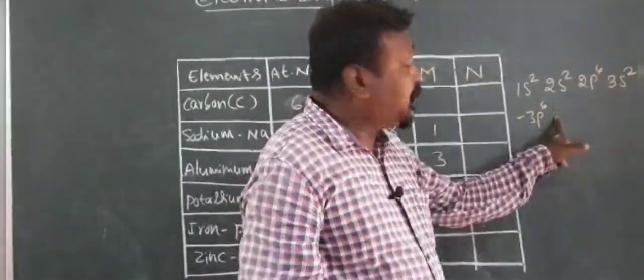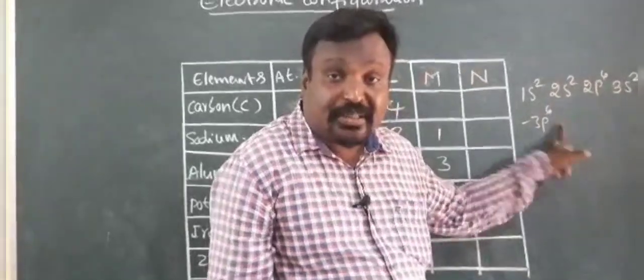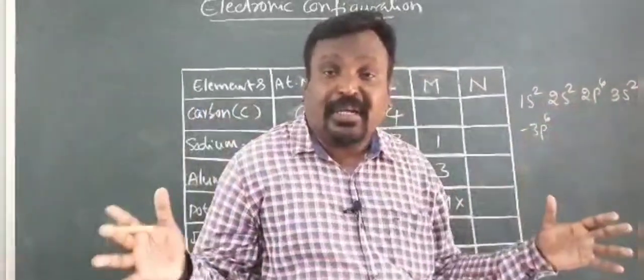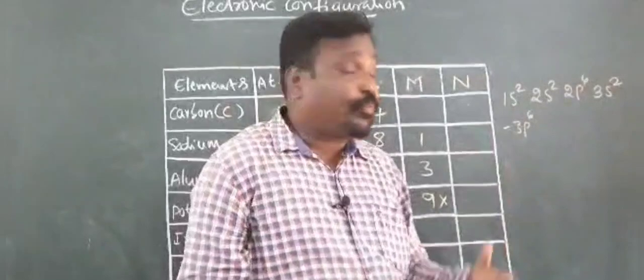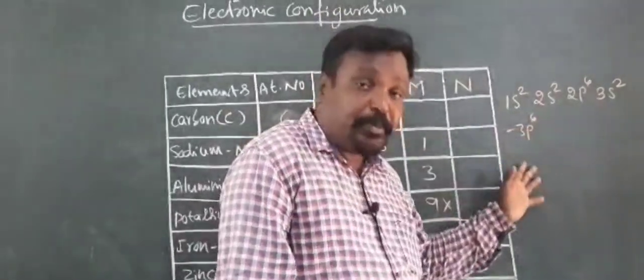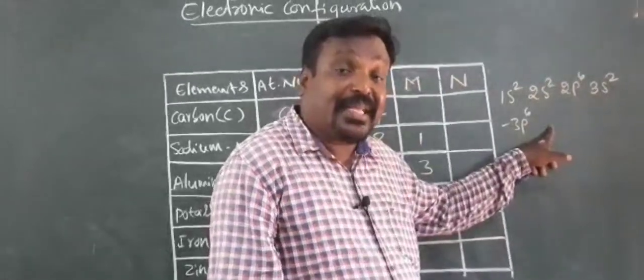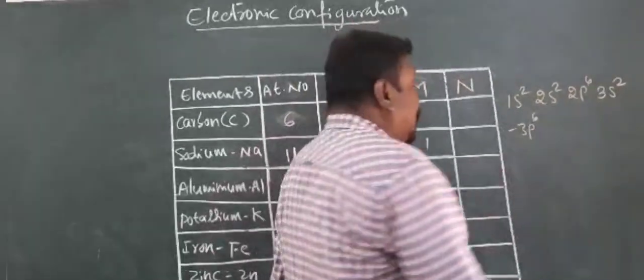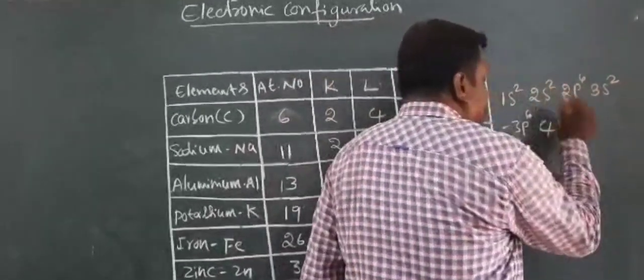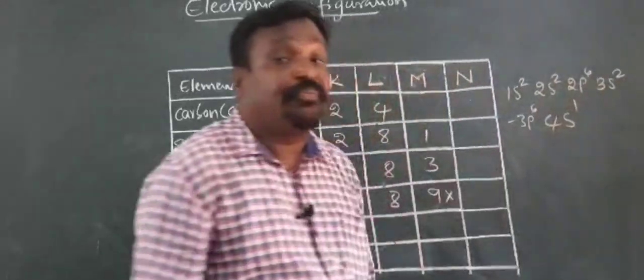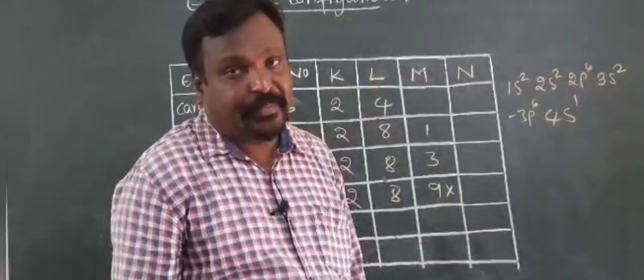It won't enter into the 3d orbital. The 3d orbital is very big and its energy is very high. Therefore, following the above principle, the electron goes to the next higher energy level, that is 4s. So, the electron gets filled in 4s.